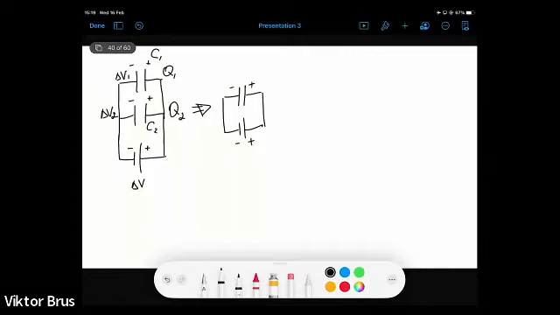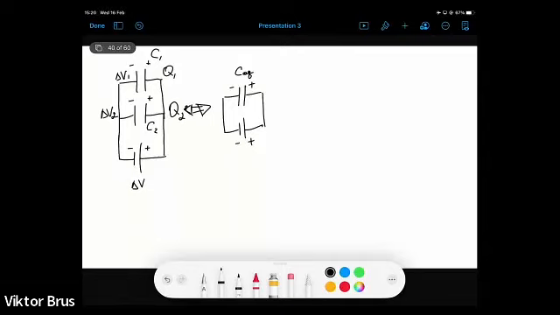And here we have the equivalent capacitance. So these electric circuits are the same in terms of total capacitance. And we can represent the left circuit with the right one if we use the correct value of this equivalent capacitor. So now the question is how we calculate it.